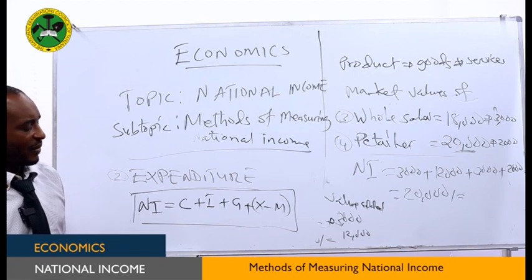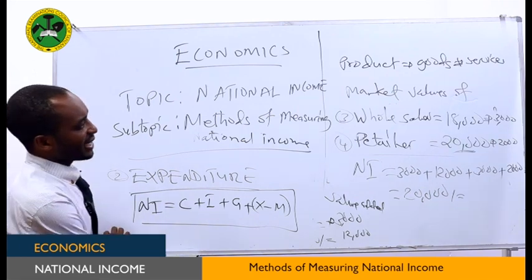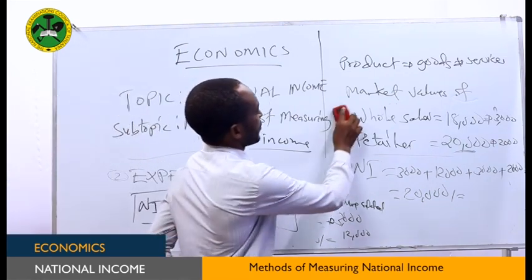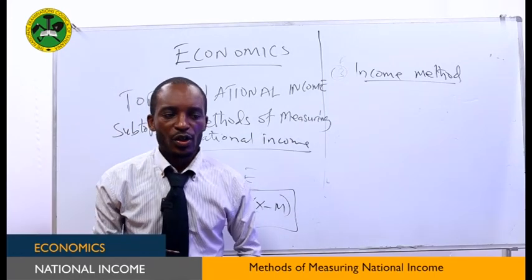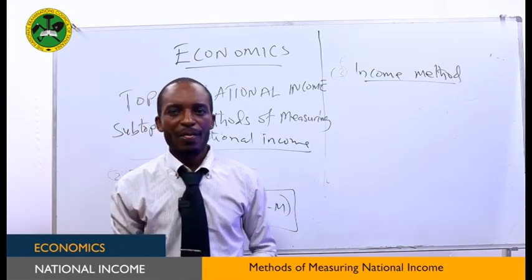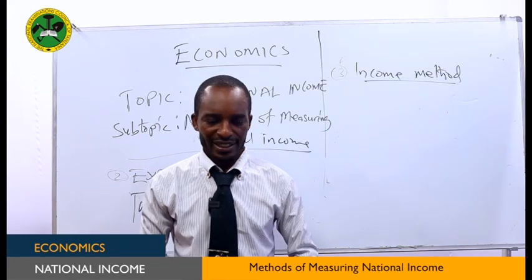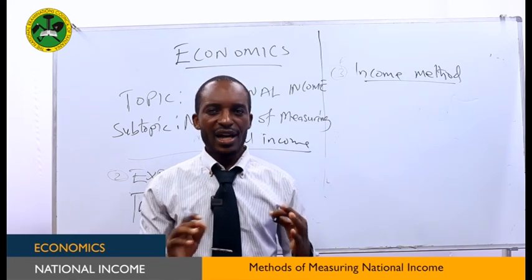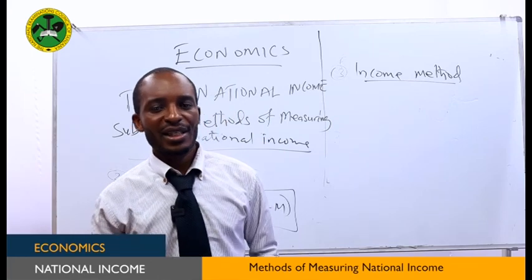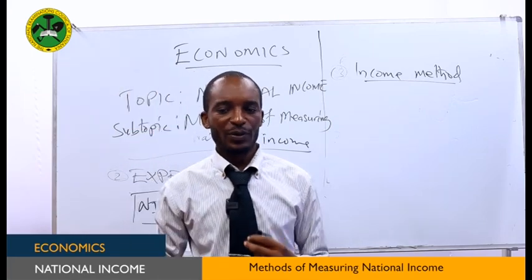The third formula, or the third method we use to calculate the national income, is the income method. Under this method, you need to sum up all the incomes received by the factors of production.